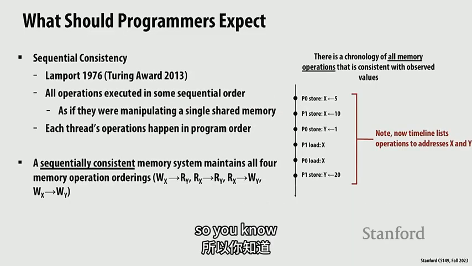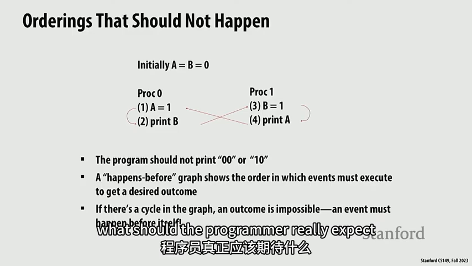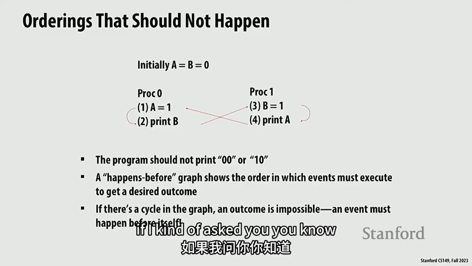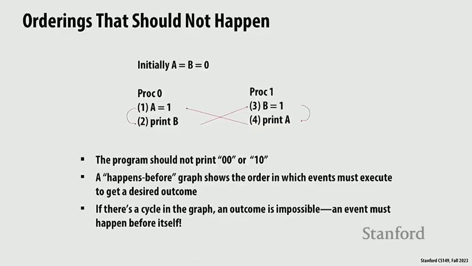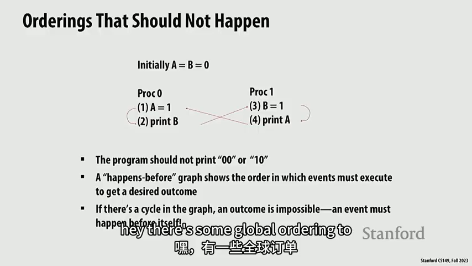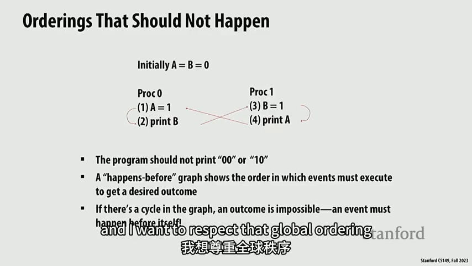All right. So the question is, what should the programmer really expect? Well, if I asked you, given what you know about shared memory so far, what you would probably say is, hey, there's some global ordering to all of the accesses in the system, and I want to respect that global ordering.